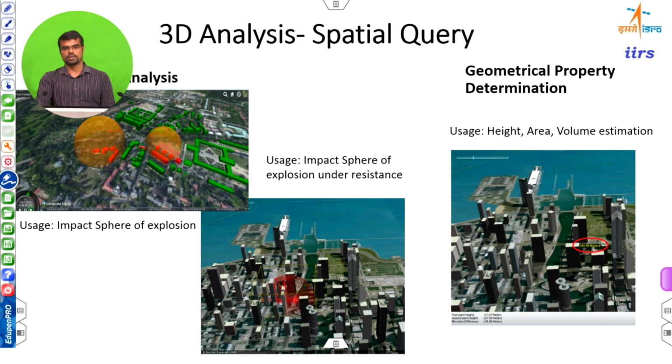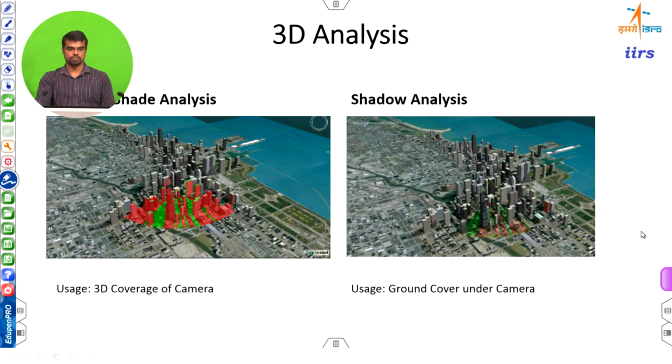For example, the surface area can be used to find out the repainting of the whole building. The corresponding unit cost can be multiplied with the per unit charges, and we can get the cost of repainting the specific building. Similarly, different applications can be considered based on complete geometrical property determinations.